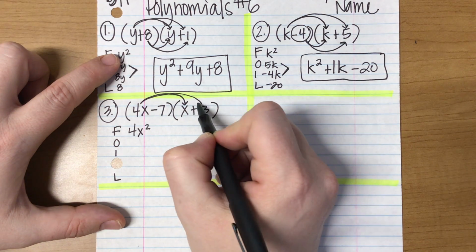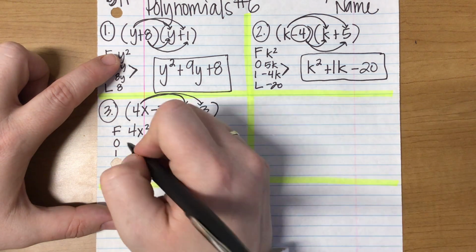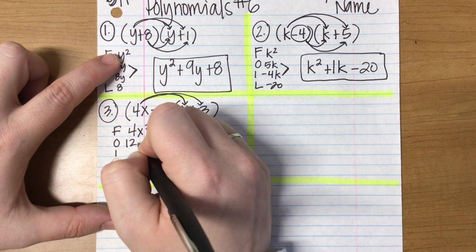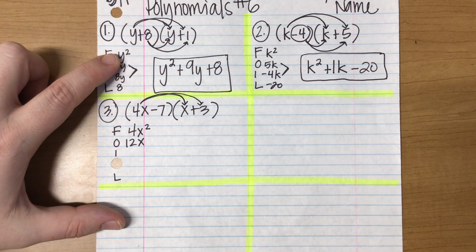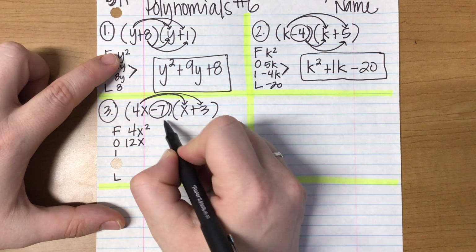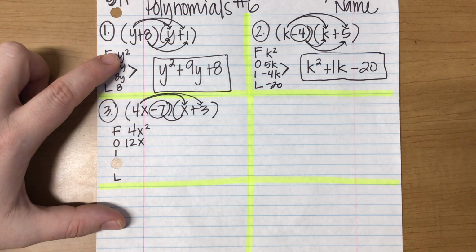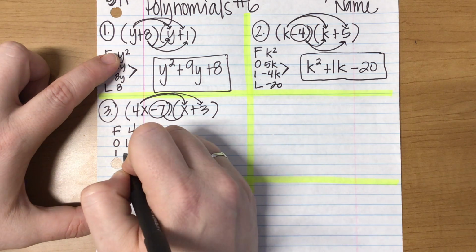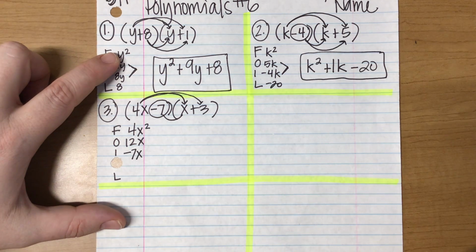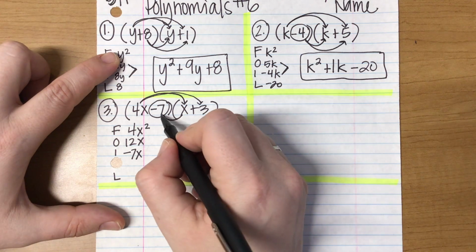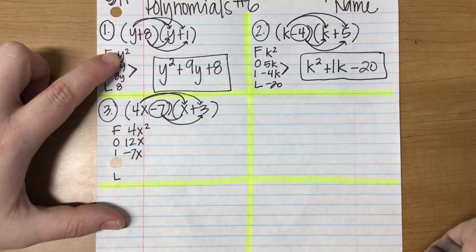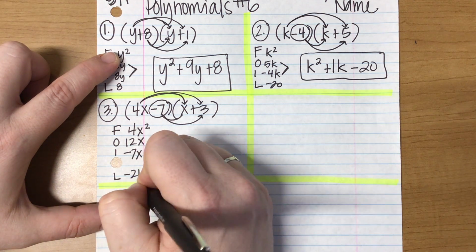Outside, 4x times 3 is 12x. Inside, negative 7 times x is negative 7x. And negative 7 times 3 is negative 21.